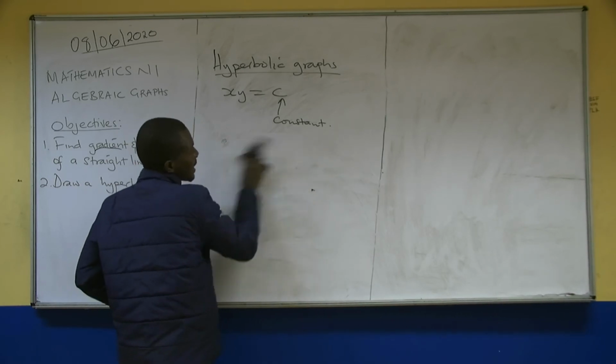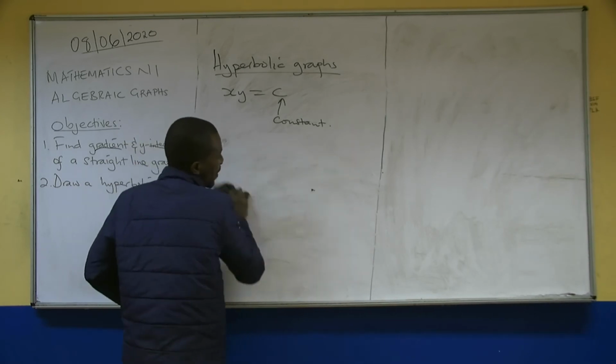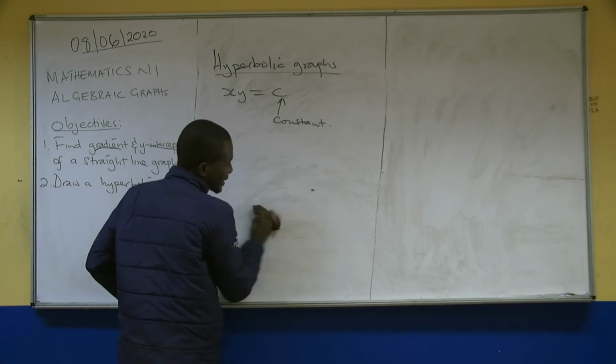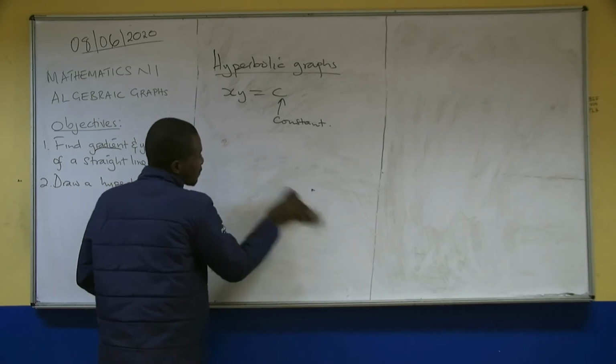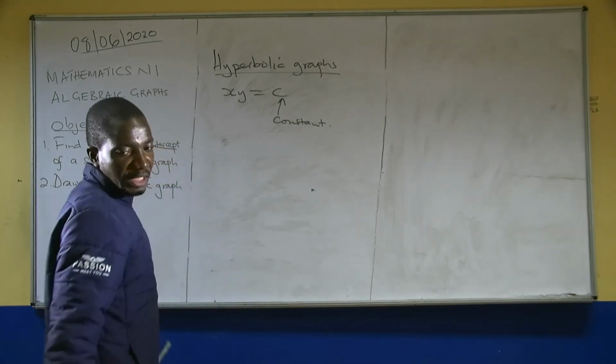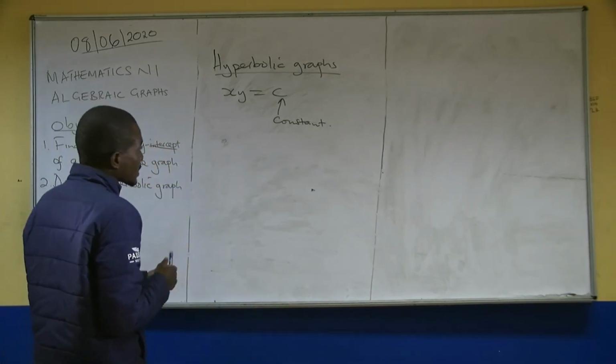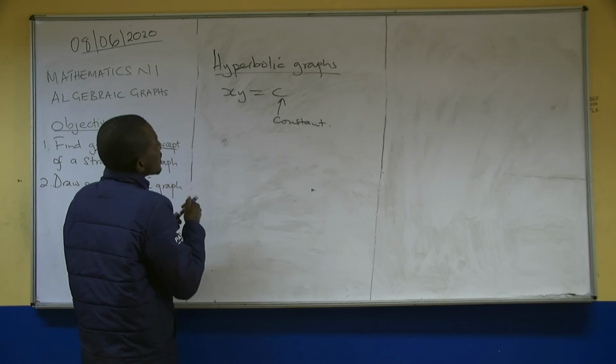Now, to draw such graphs, remember, when we started this module, we said you always construct a table of values. That still remains. We need a table of values.